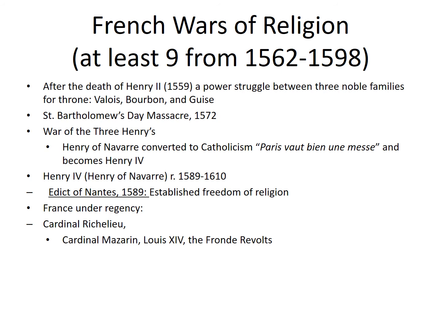The Bourbons had a great deal of that family that were actually Huguenots. This will eventually lead to an attempt at a compromise between the Valois and the Bourbon, with a marriage alliance between Henry of Navarre and Marie de Medici.